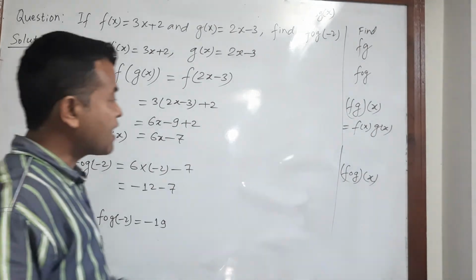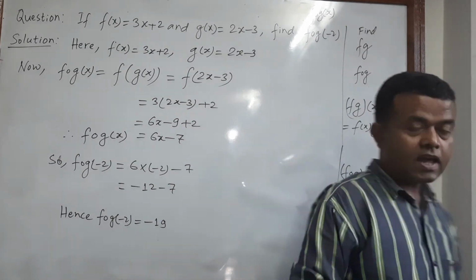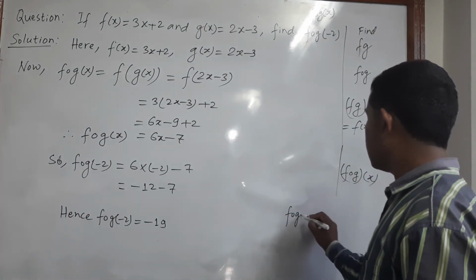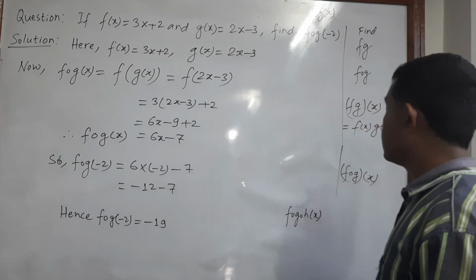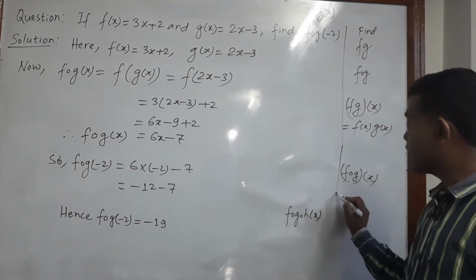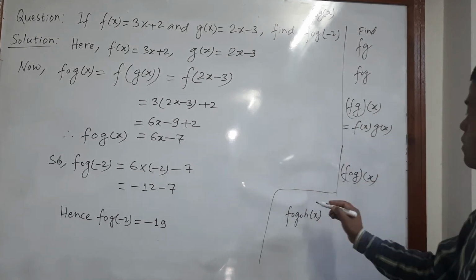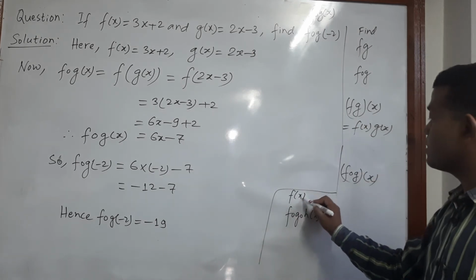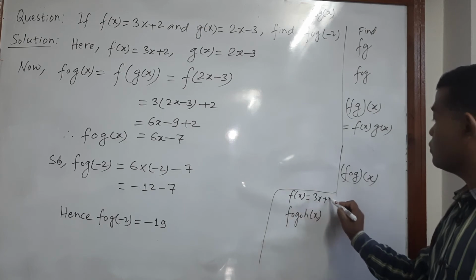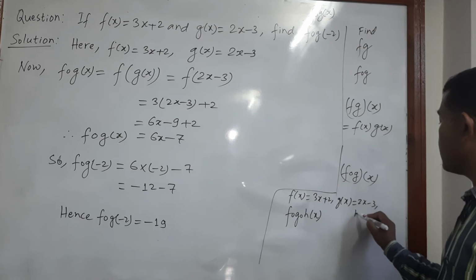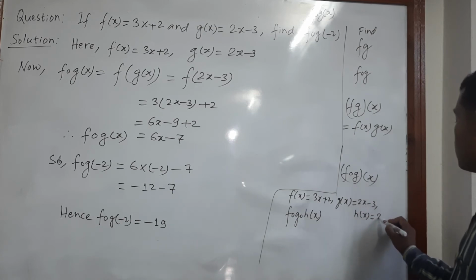If there are three functions like this, and the question asks to find f of g of h of x, the process is the same and we can continue. Suppose f(x) is 3x plus 2, g(x) is 2x minus 3, and h(x) equals 2x plus 1.